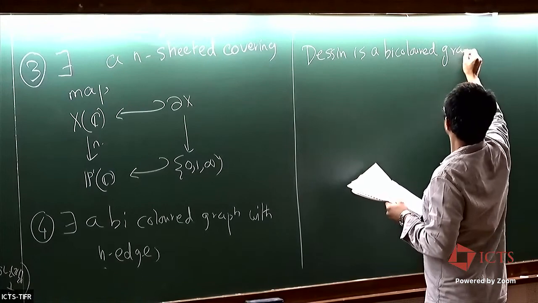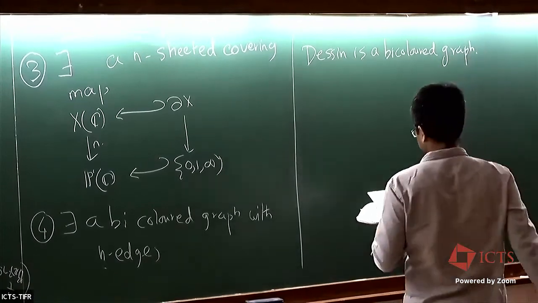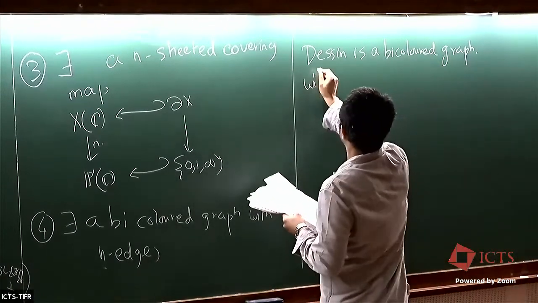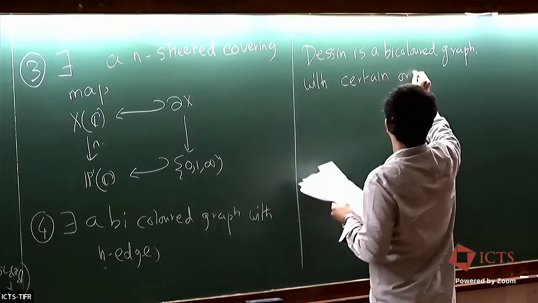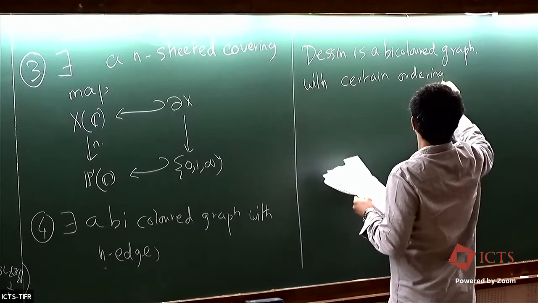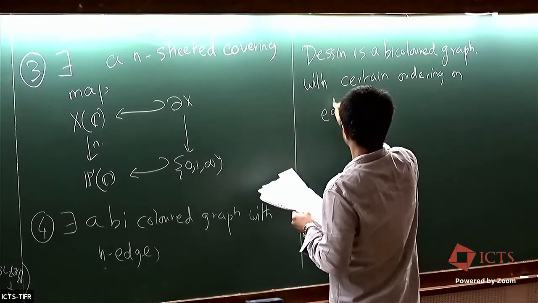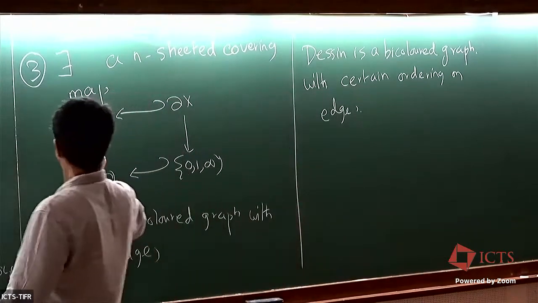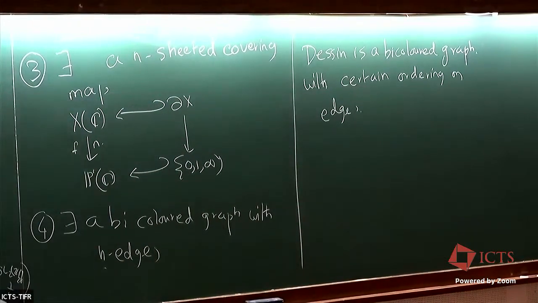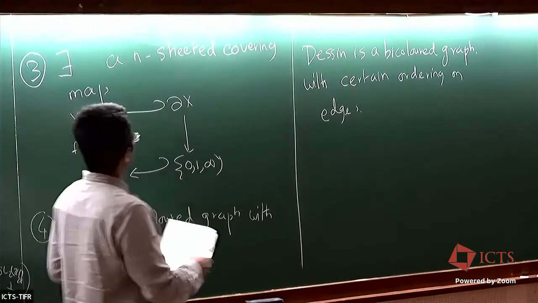Graph with certain ordering. Edges. This design is obtained. Let's give some name to it. Let's call it F. F is this covering space.